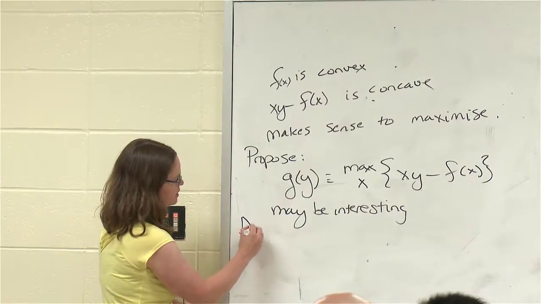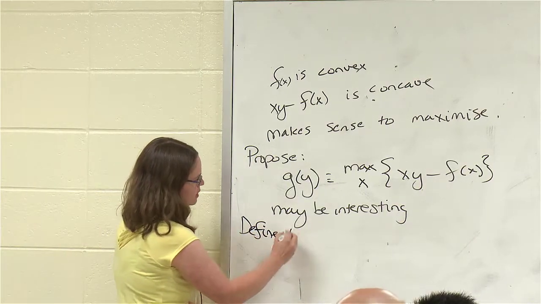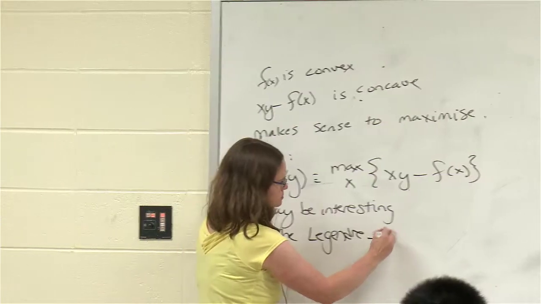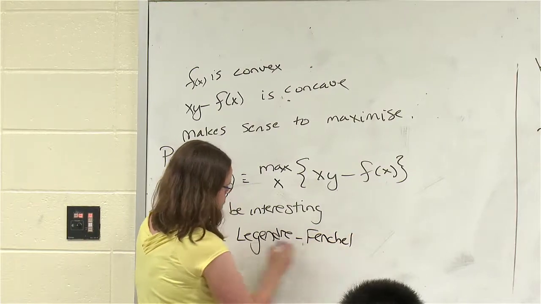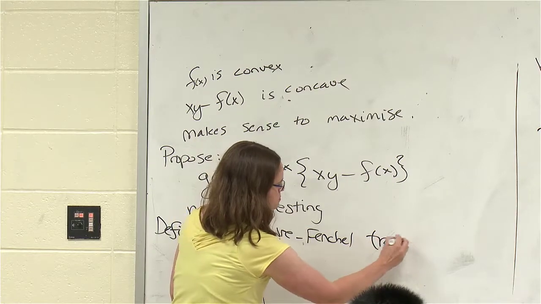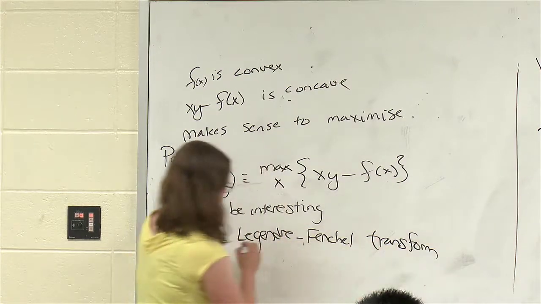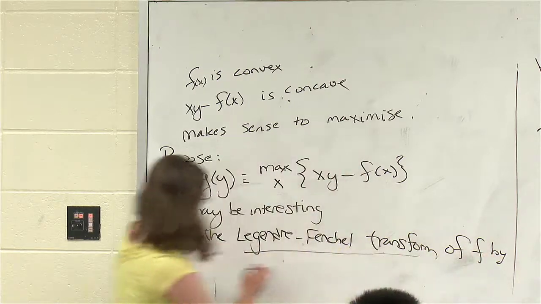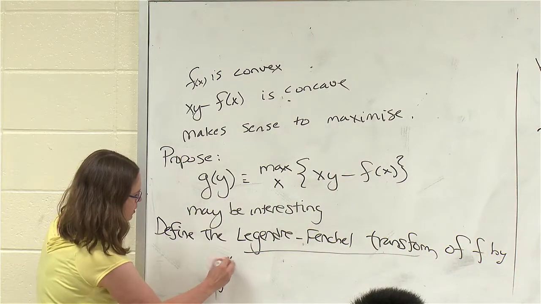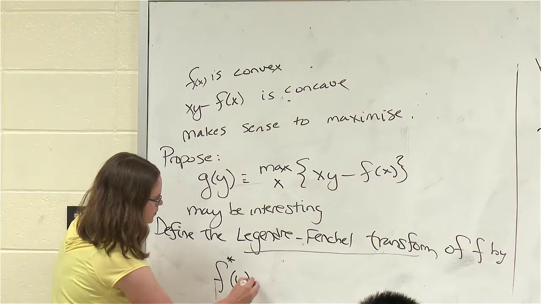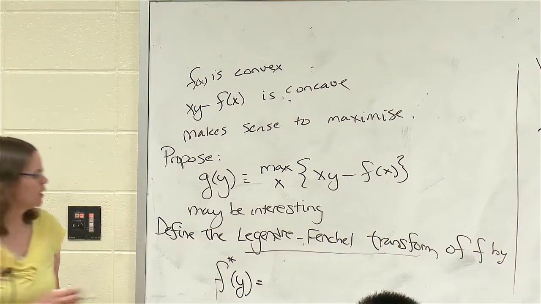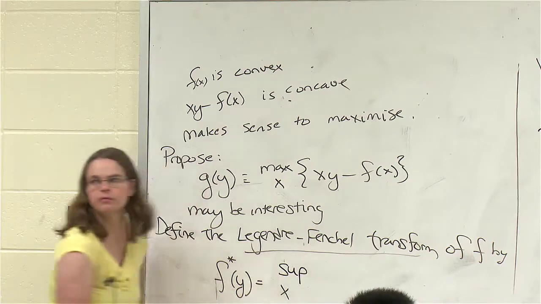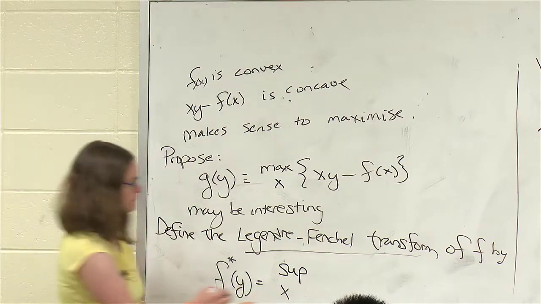So let's define the Legendre-Fenchel transform of a function, denoted by f star of y. This is going to be the supremum over all values of x in whatever domain I'm living in.